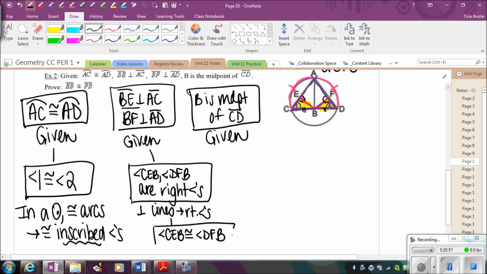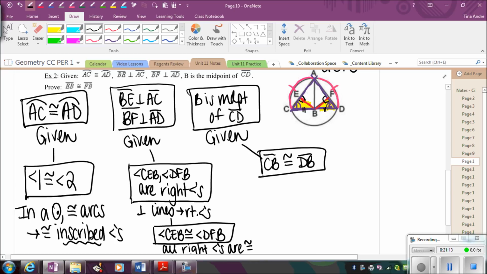So this is true because all right angles are congruent. And then I have the midpoint. So this is just an old method, which gives us CB and DB congruent because midpoints imply 2 congruent segments.